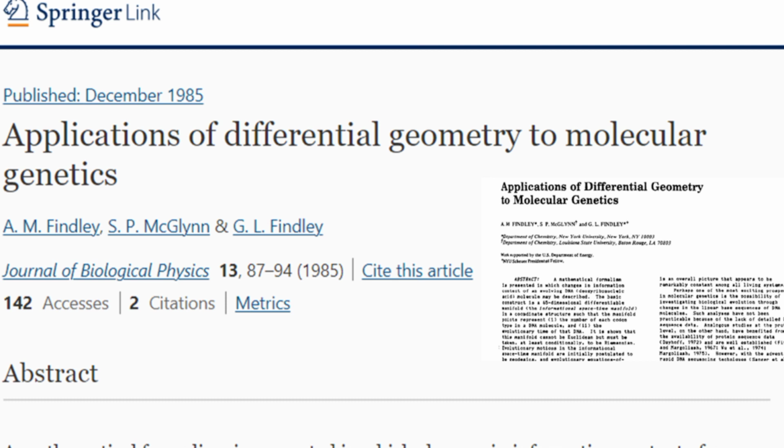It says that a mathematical formulation is proposed in which changes in information content of an evolving DNA molecule may be described. The basic construction is a 65-dimensional differentiable manifold in a coordinate structure such that the manifold points represent the number of each codon.